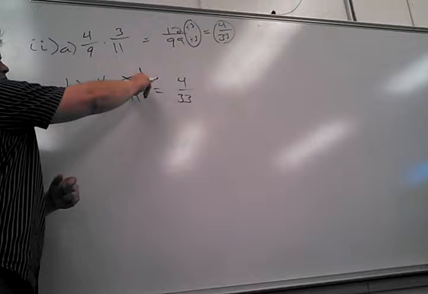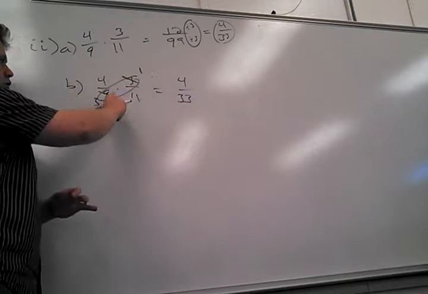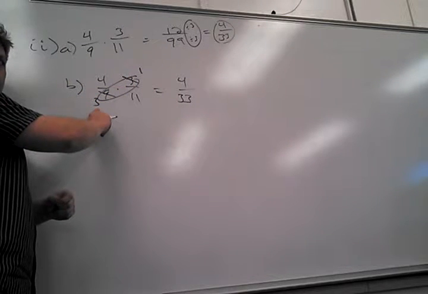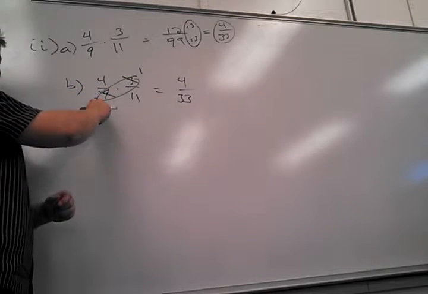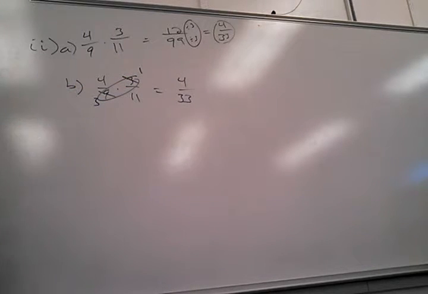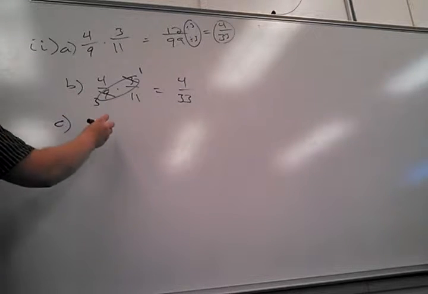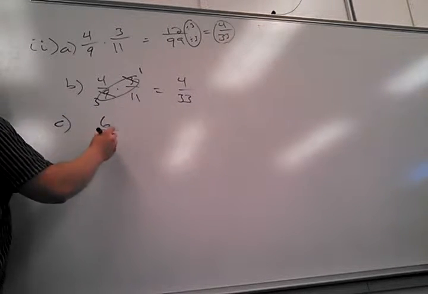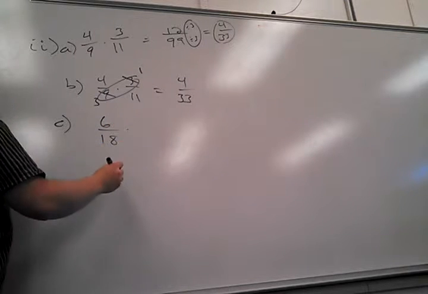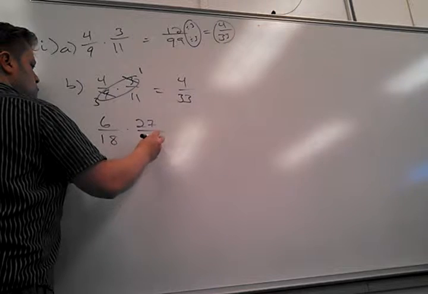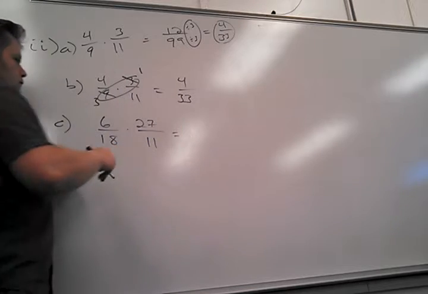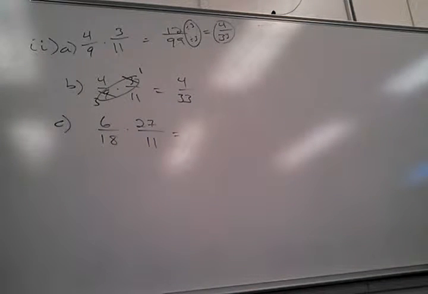All right, let's do another one. So the funny thing is, once you start looking diagonally, you forget that you can always look straight up and down too, right? It just has to be one on the top, one on the bottom that are the same, that they can cancel.